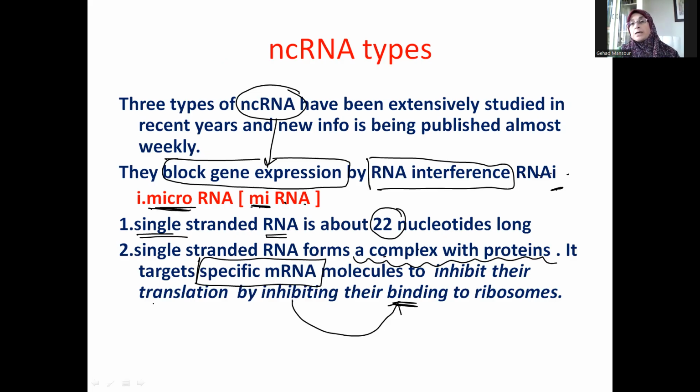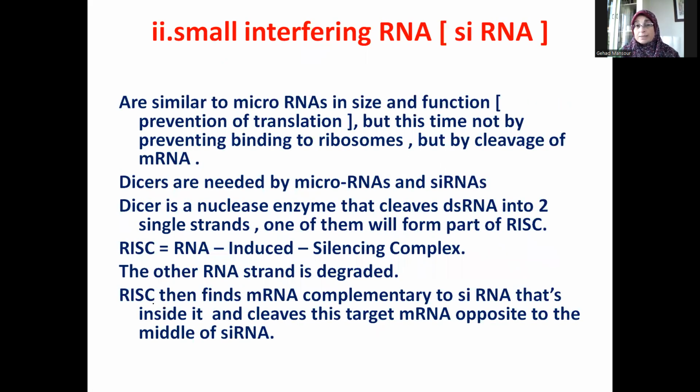It prevents its binding to the ribosome. And it goes without saying that if the messenger RNA molecule does not attach itself to the ribosome, then it will not be translated.